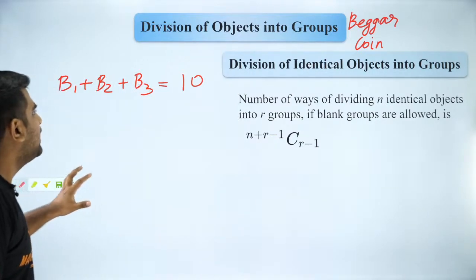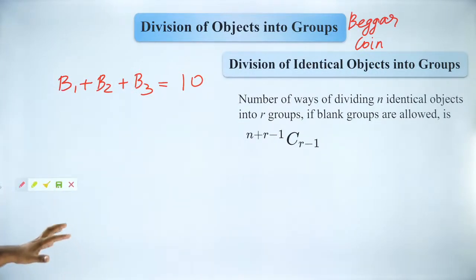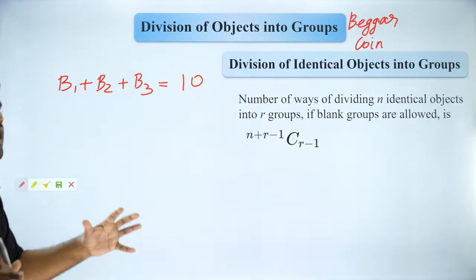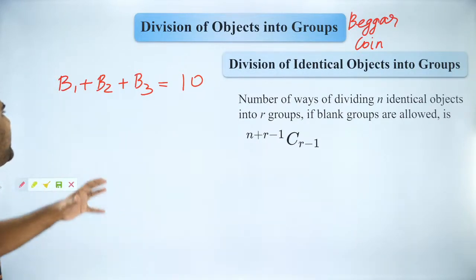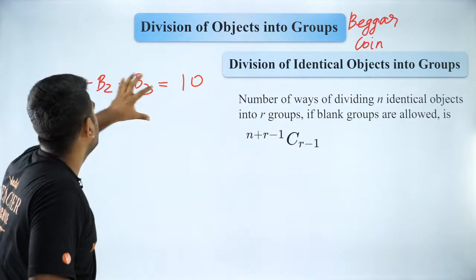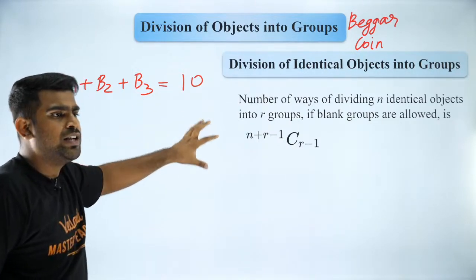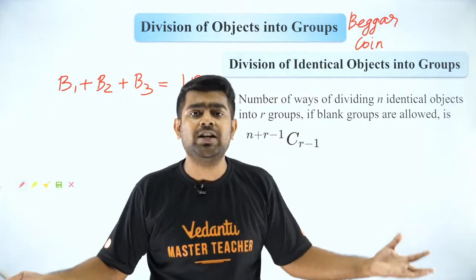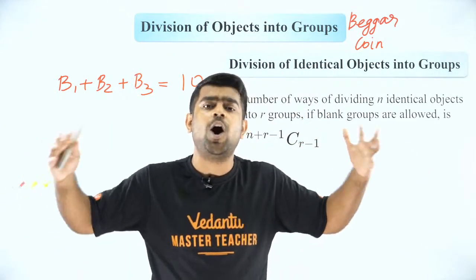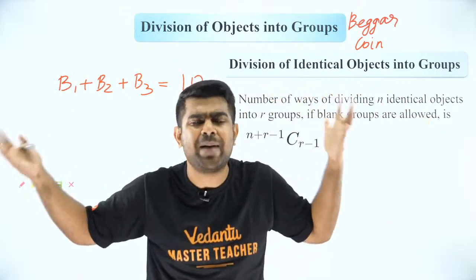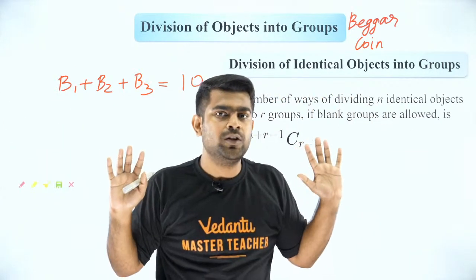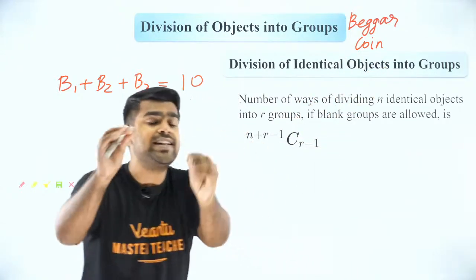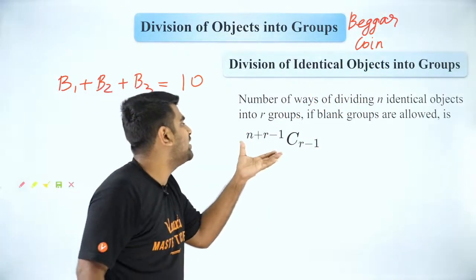So now think about it very carefully. In how many ways can I distribute these 10 coins to the 3 beggars so that the beggars either get 0 coins or 1 coin or 2 coins or 3 coins or up to 10 coins, because 10 is the maximum. Got it? That is what is answered by the beggar and coin method, by this formula.